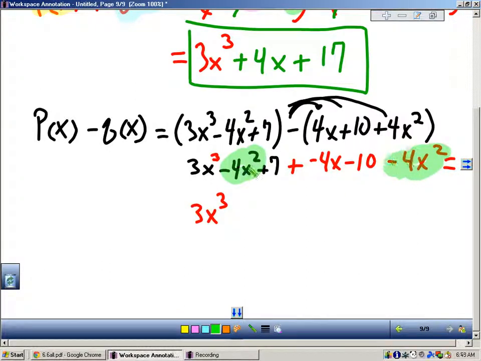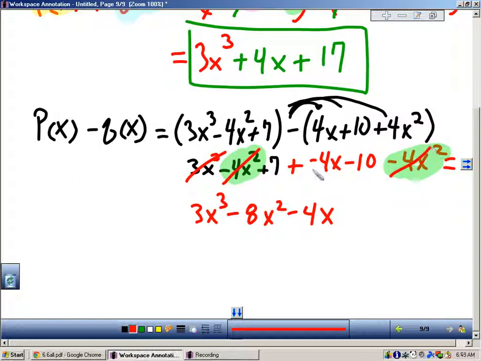Negative 4x minus 4x squared, right? See the 4x squared, so that gives negative 8x squared minus 4x. Just cross these off here so that I don't lose track of what I've already done. Minus 4x. And 7 minus 10 is negative 3, or minus 3. And that is our answer.